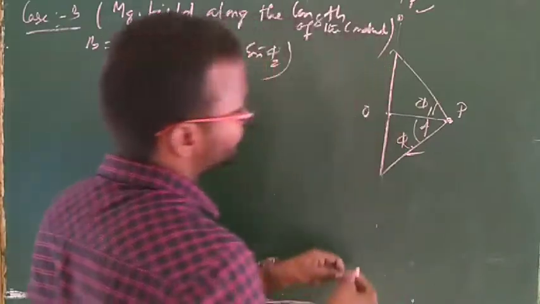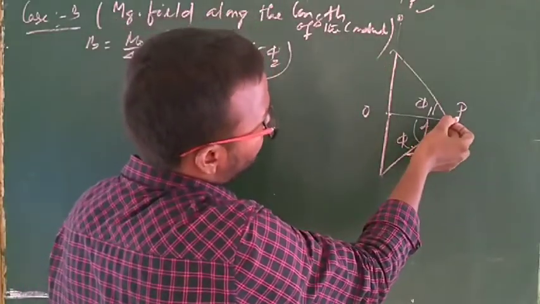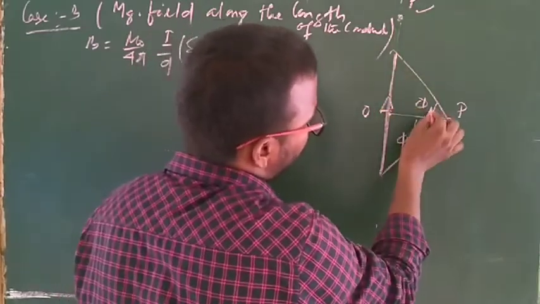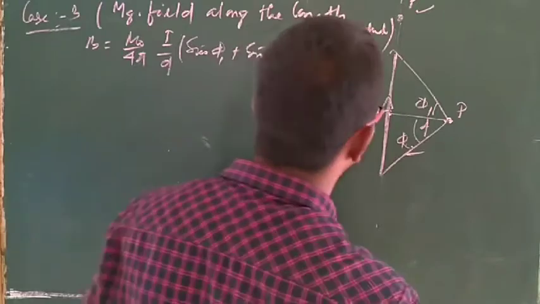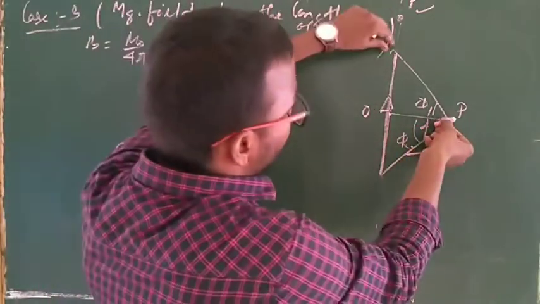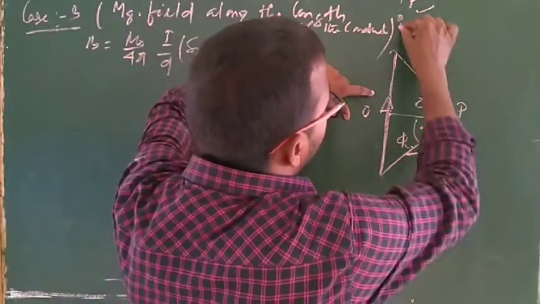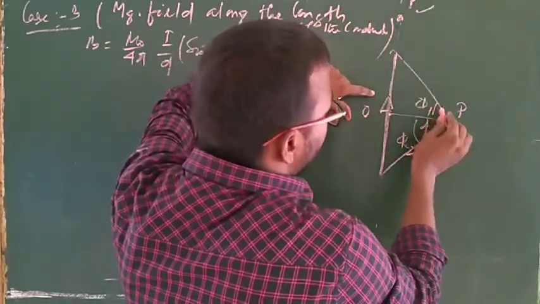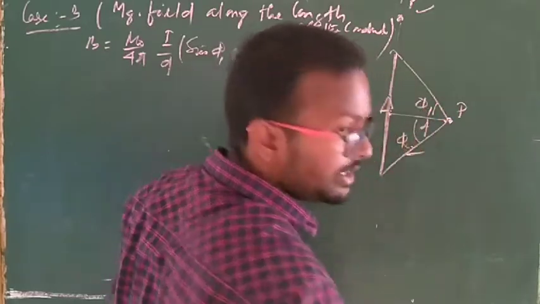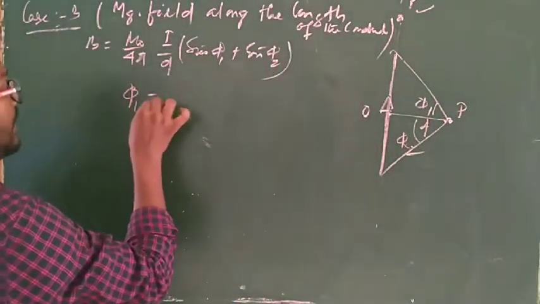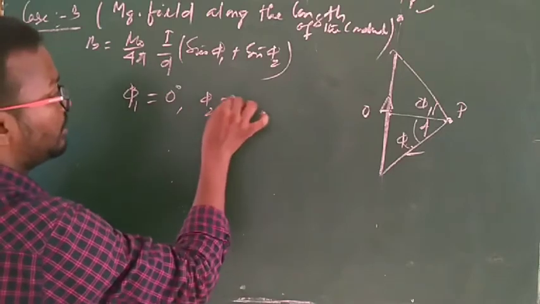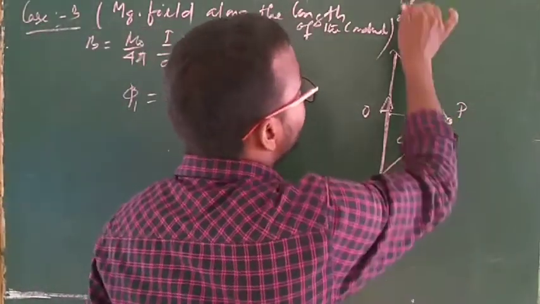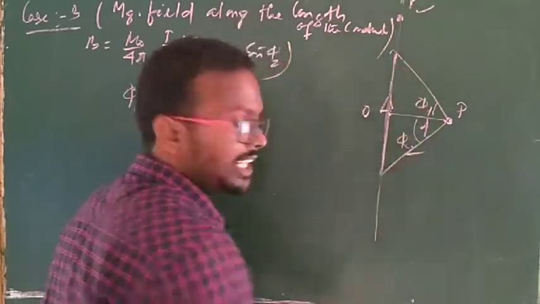So in this case, if this point lies on the length element or current carrying element, first we have to find the values of phi 1 and phi 2. If this point coincides with the length element, then phi 1 and phi 2 will be 0. So the value of phi 1 is 0 and the value of phi 2 is also 0, because the point P coincides along the length element.